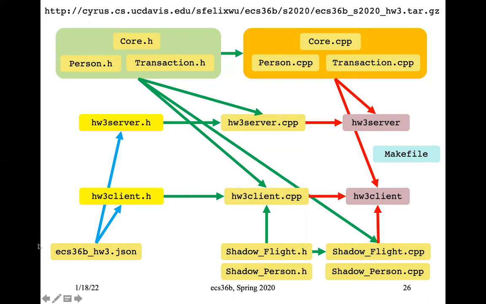The first one is the .json file. The .json file, the blue line, is generated by the JSON RPC stub. It creates the files called hw3 server.h and hw3 client.h. And then I already have a simple program for hw3 server.cpp and hw3 client.cpp.